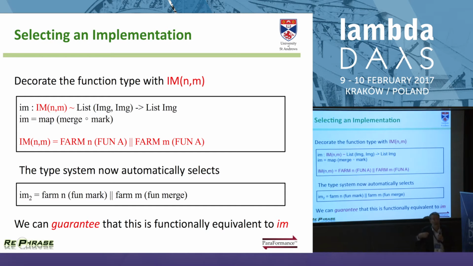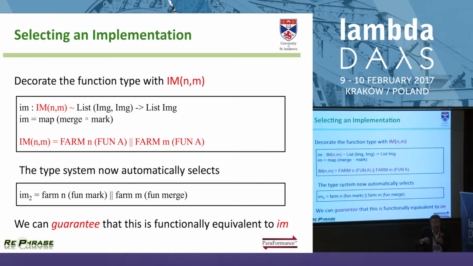And now I can automatically use the type system to rewrite my source code to introduce the parallel execution that I want. All I have to do, change the type, click. We've got a parallel implementation that corresponds exactly to that parallel structure. Or you change it to some other type, and you get some other implementation.